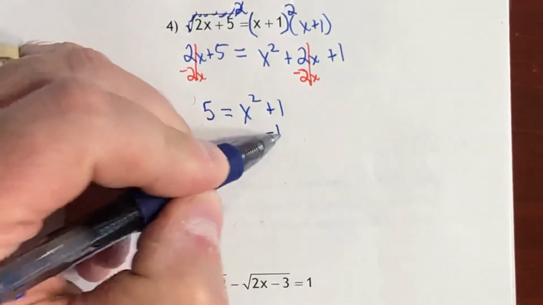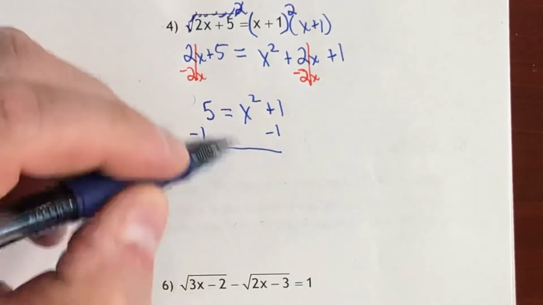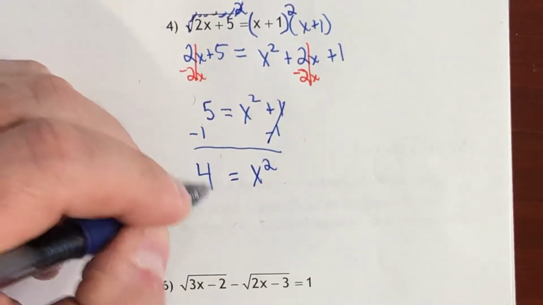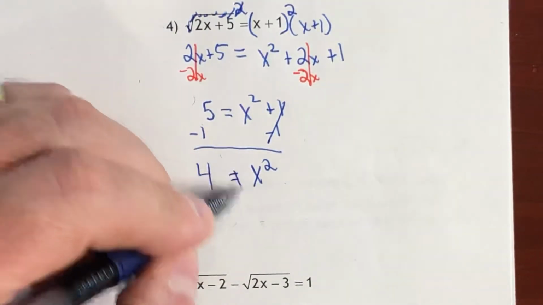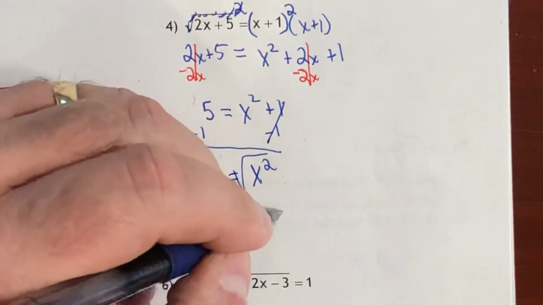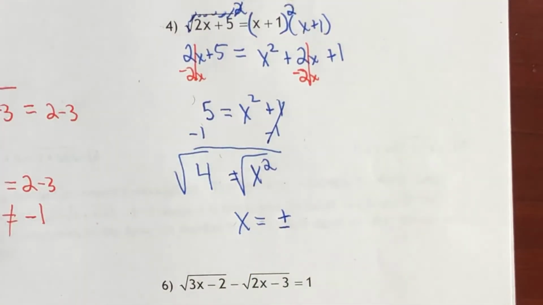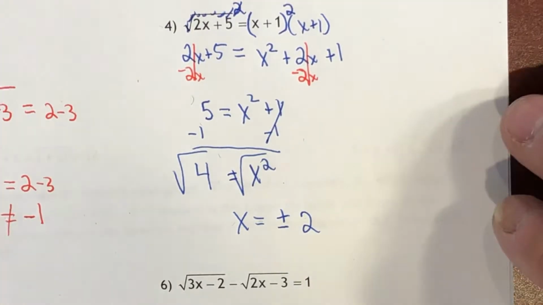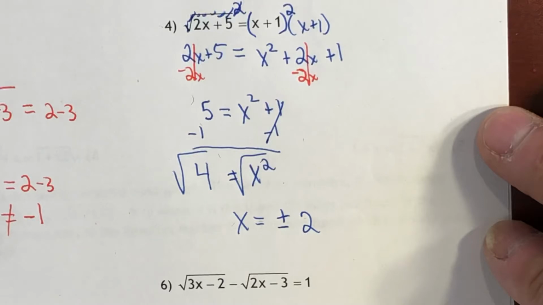So move the 1 by subtraction. X squared equals 4. Square root both sides, and you'll find out that x equals, remember, when you square root both sides, you get a plus minus 2. So we need to see if a positive 2 and a negative 2 works, all right?